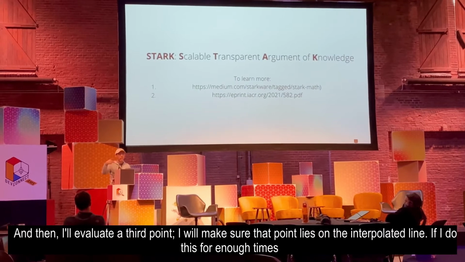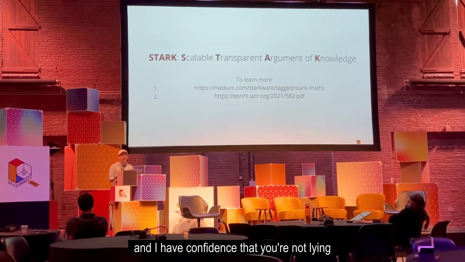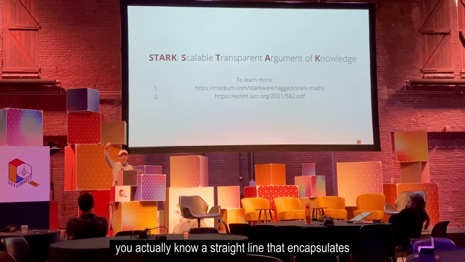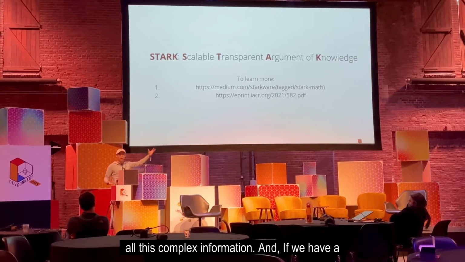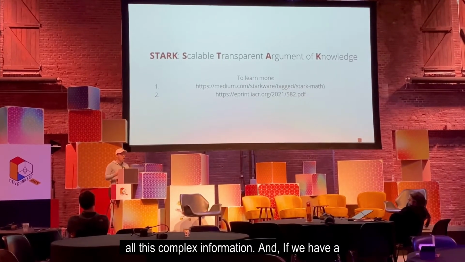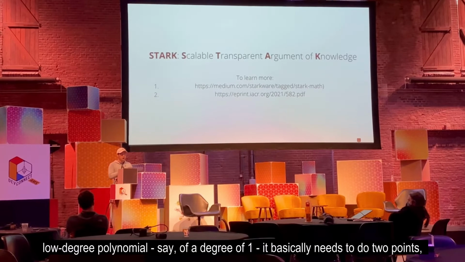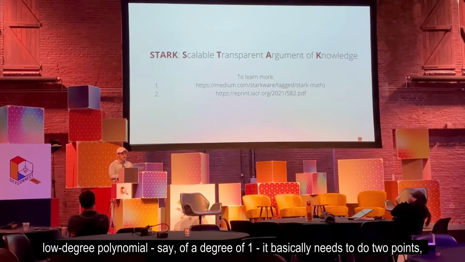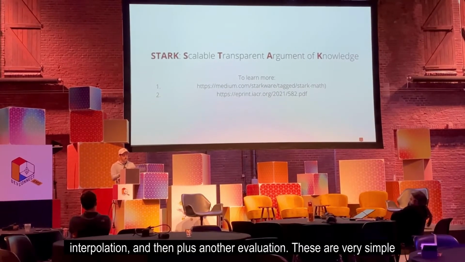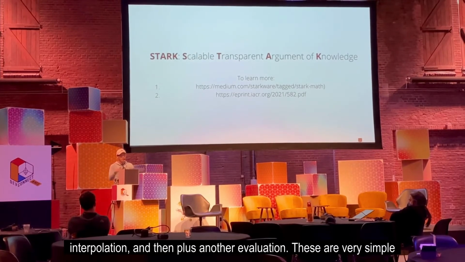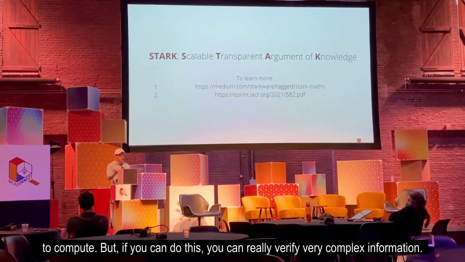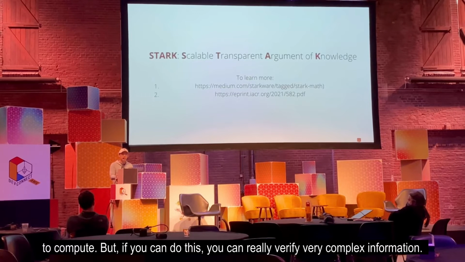If I do this enough times, then I have confidence that you're not lying. You actually know a straight line that encapsulates all this complex information, right? And if we have a low degree polynomial, say degree 1, you basically need to do 2 point interpolation, and then plus another evaluation. These are very simple computations. But if you can do this, you can really verify very complex information.